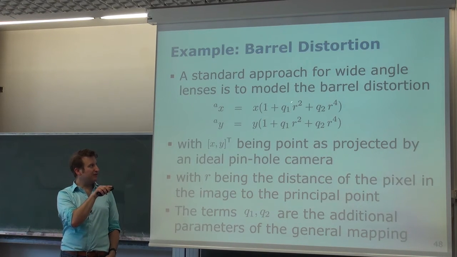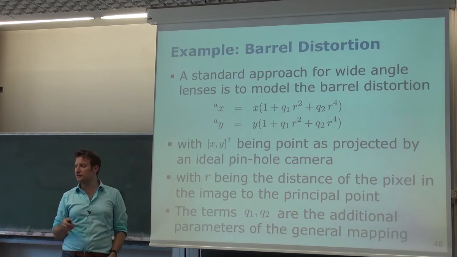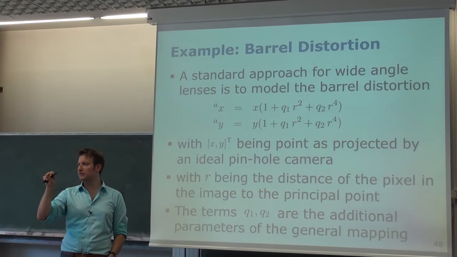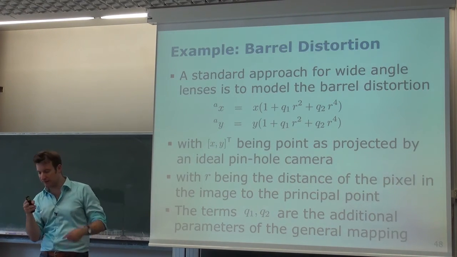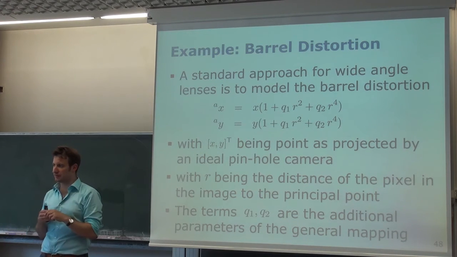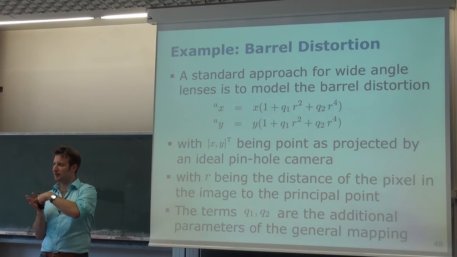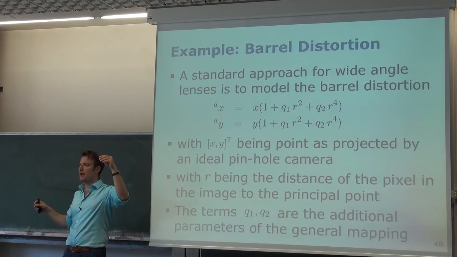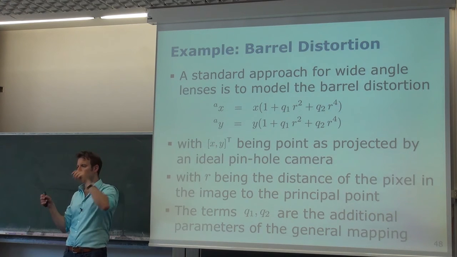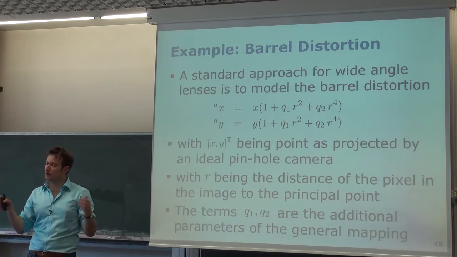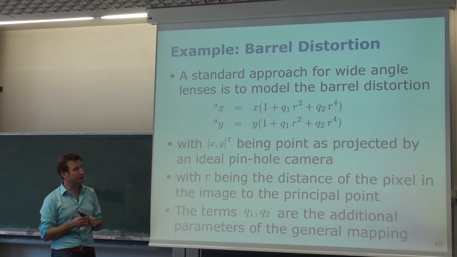The key thing here is this factor r, and the factor r is the distance from the principal point, so from the center of my image, where the viewing direction of the camera hits my image plane. The further I am away from this principal point, the larger this correction will be. And this is something I can use in order to, for example, compensate for the barrel distortion.